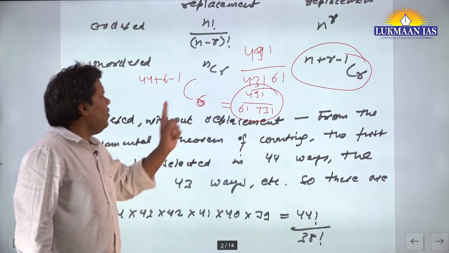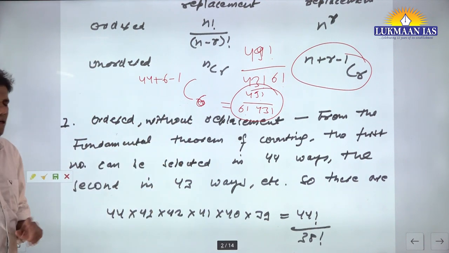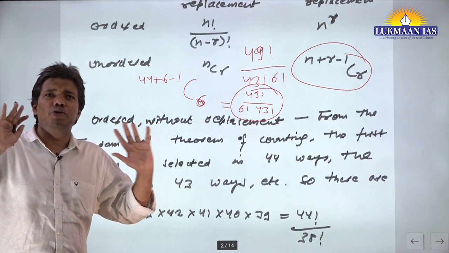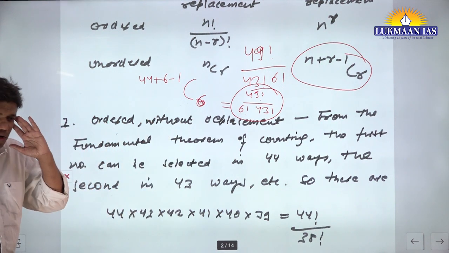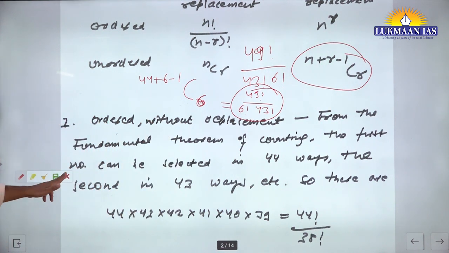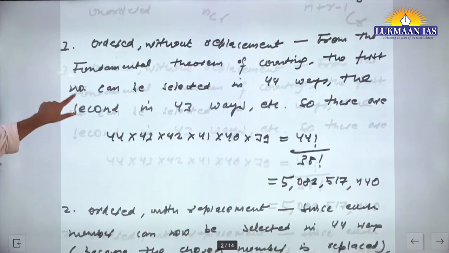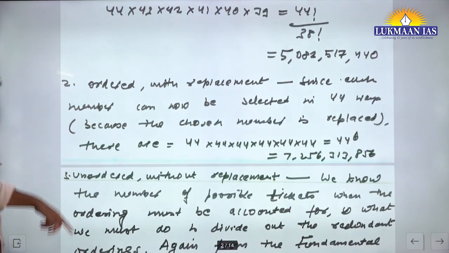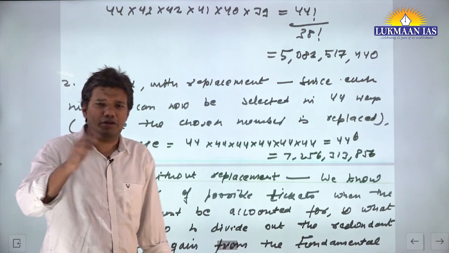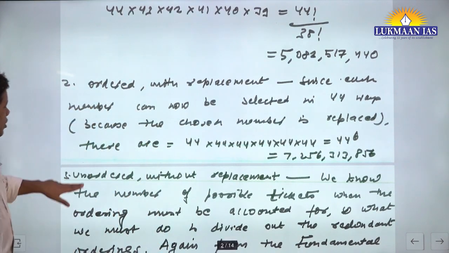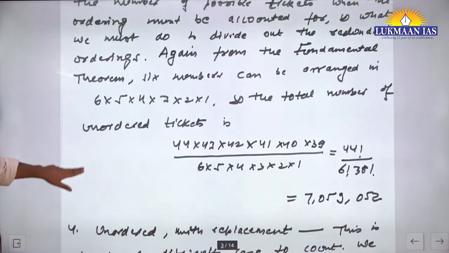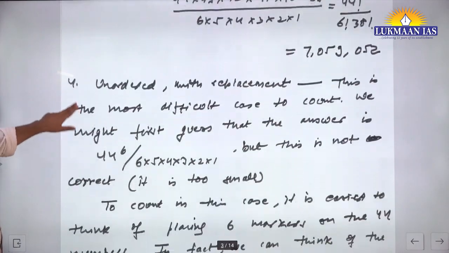This is the way you have to think. I'm pretty sure, and I want to assure you, if you will tune your mind to understand probability and combinatorics this way, you would be able to tackle any question, whether it is CSAT, management optional, statistics. Okay. So these kinds of questions UPSC is asking.